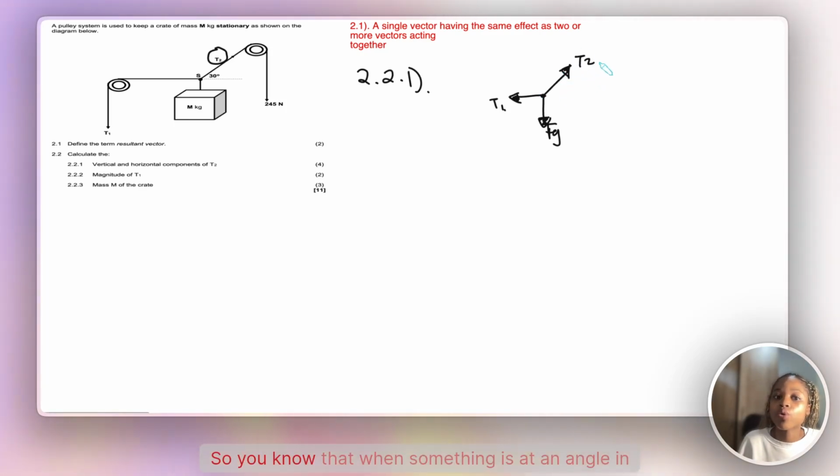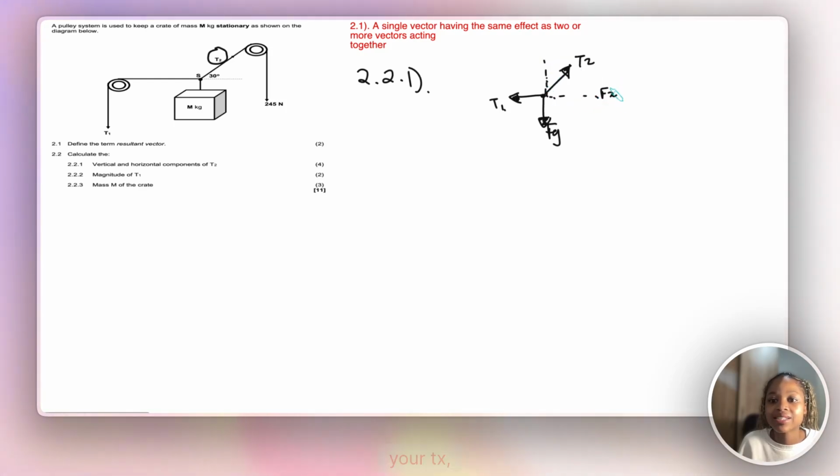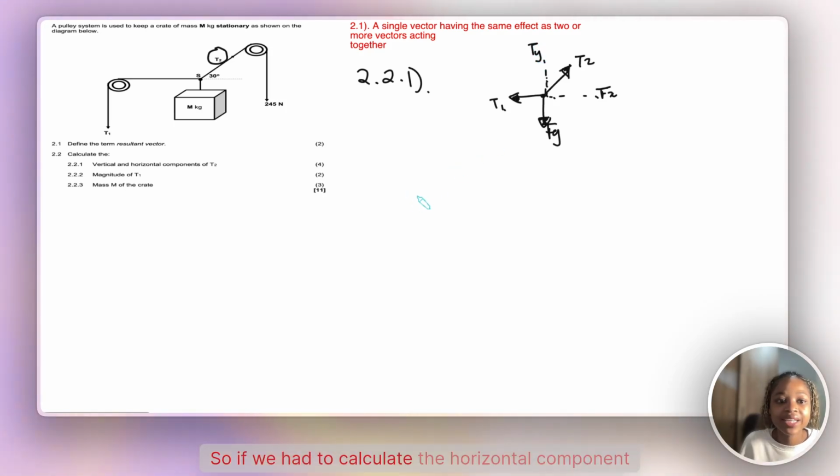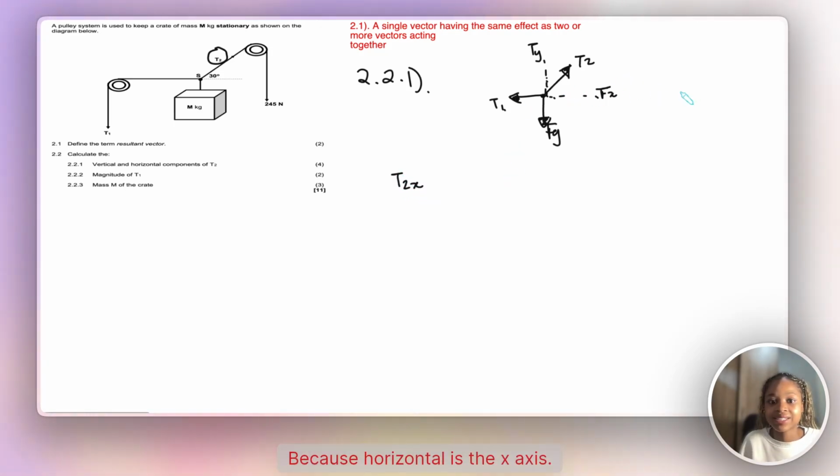So you know that when something is at an angle in this way, you have to divide it into its components. So you have your Tx and then your Ty. If we had to calculate the horizontal component of T2, let's call it T2x, because horizontal is the x-axis. So how do we calculate that? Easy peasy lemon squeezy.